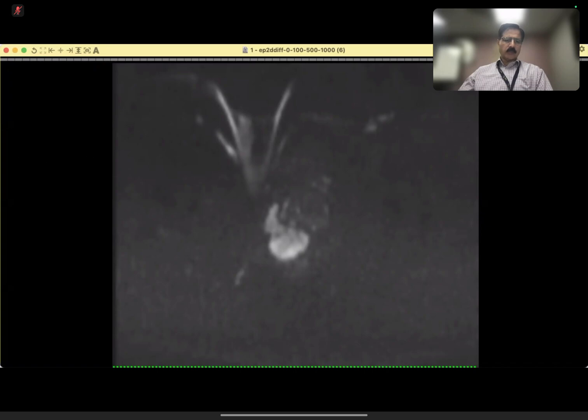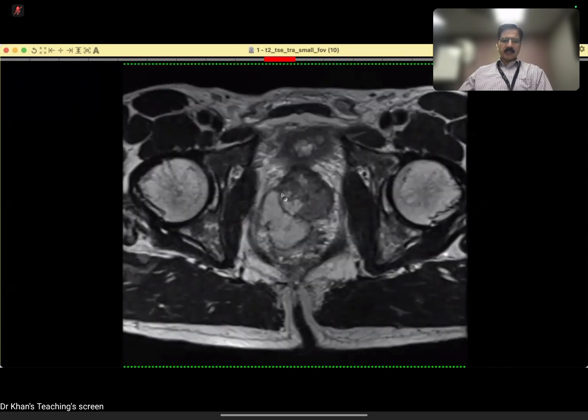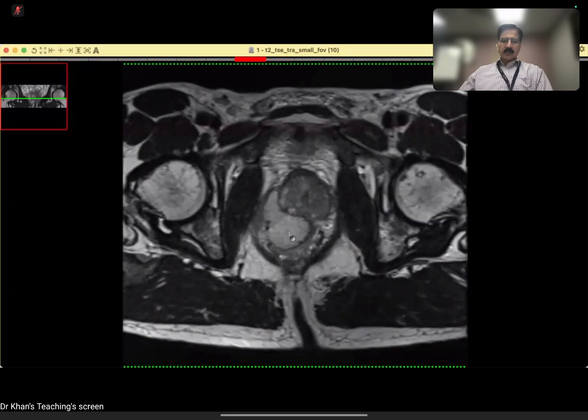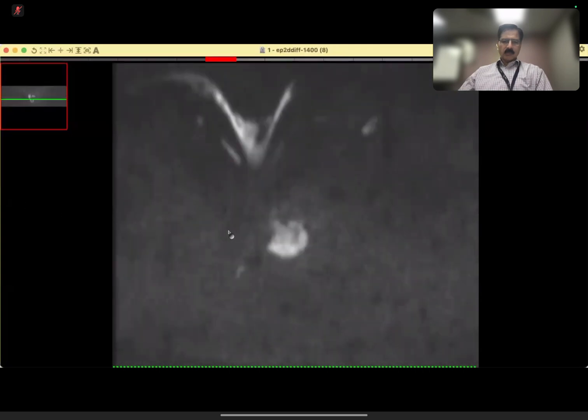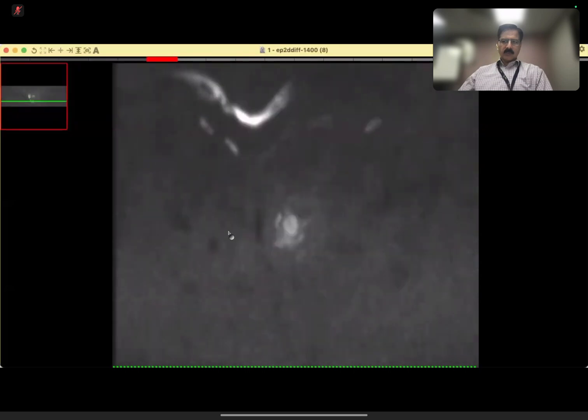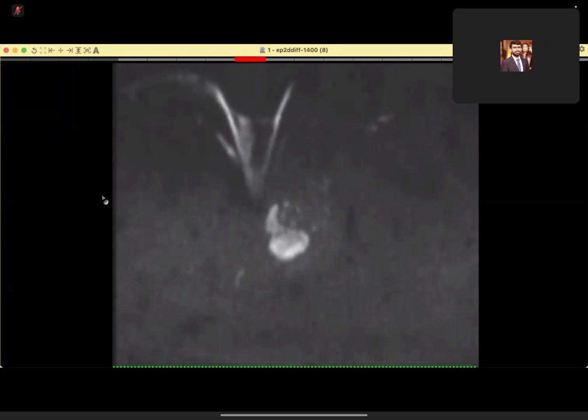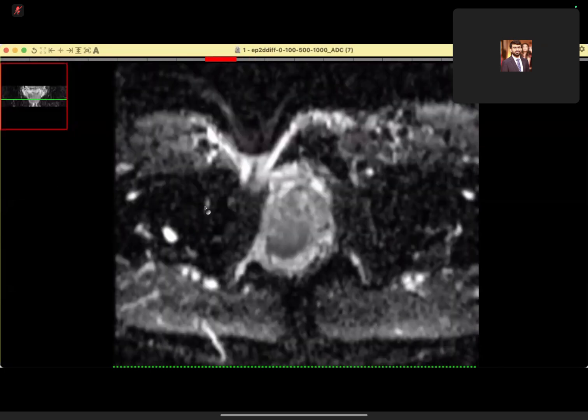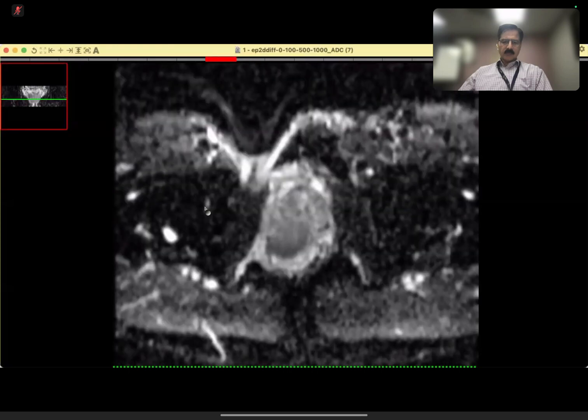So for example, you were looking at this thing here, and it shows restricted diffusion. Yes, I would like to confirm this restricted diffusion on the ADC images. So this is the ADC.